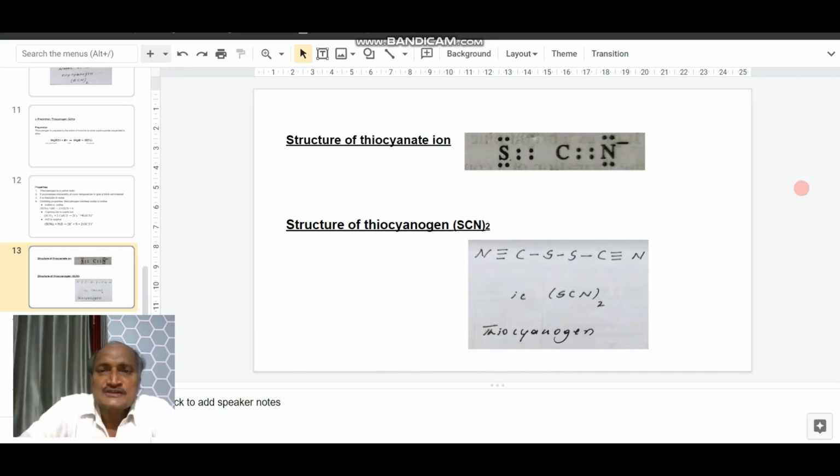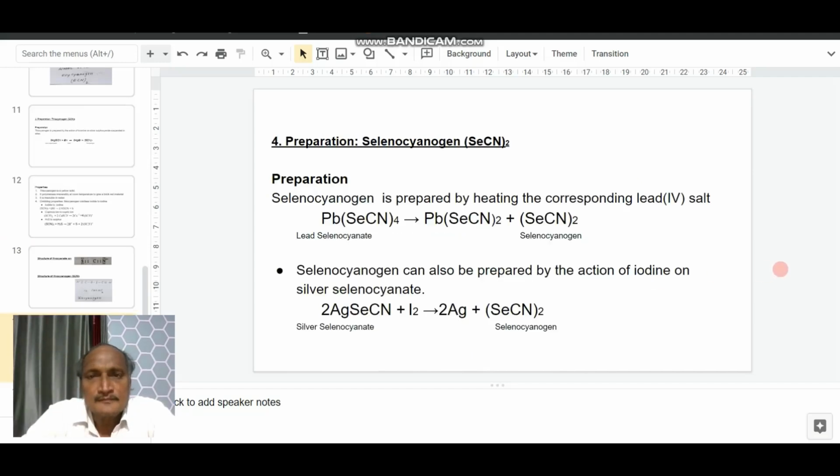The above structure shows thiocyanate ion with a minus charge, whereas this structure shows the thiocyanogen, that is (SCN)2. Coming to the fourth type of pseudohalogen, that is selenocyanogen, (SeCN)2.